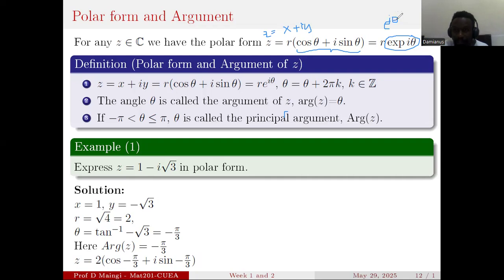What I've written, exponential i theta, is the same as e^(i theta). And this one, we call the Euler function. And so here we have a definition, polar form and argument of z. So z, which is x plus iy, equals r cosine theta plus i r sine theta, and this can be translated to r e^(i theta).